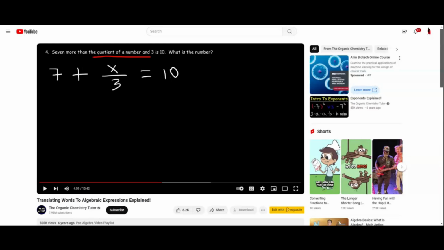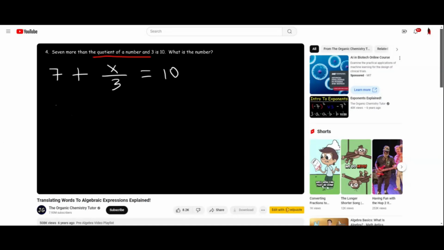Okay, right. Because of the word than, than is a reverse word, and so the x over 3 should be first, plus the 7. The 7 and the x over 3 are supposed to be switched. We'll talk more about that in just a minute, but yes, very good, Miss Wilcher.